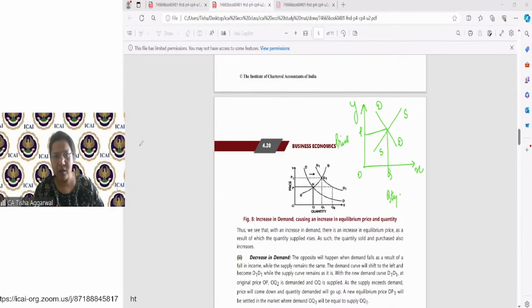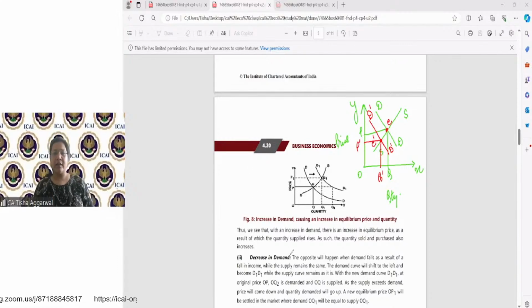You said that now the demand decreased. So the demand decreased and became a leftward shift. So the new demand curve came to D dash D dash. New equilibrium point is E dash. New equilibrium quantity is Q dash. New equilibrium price is P dash.